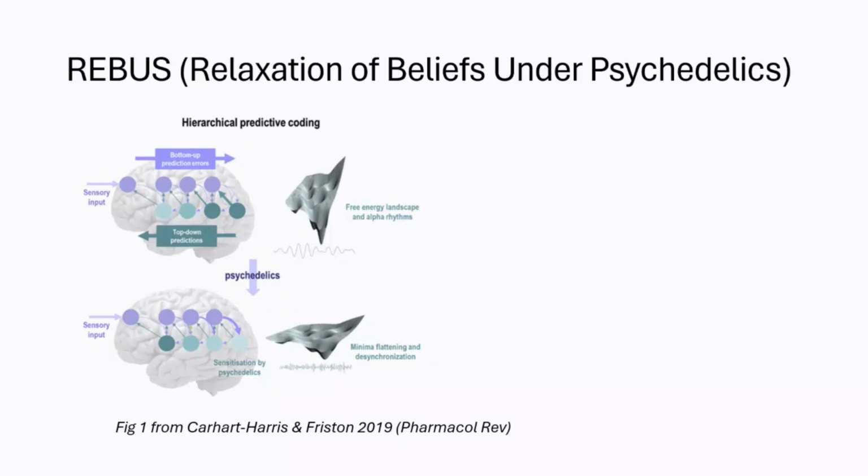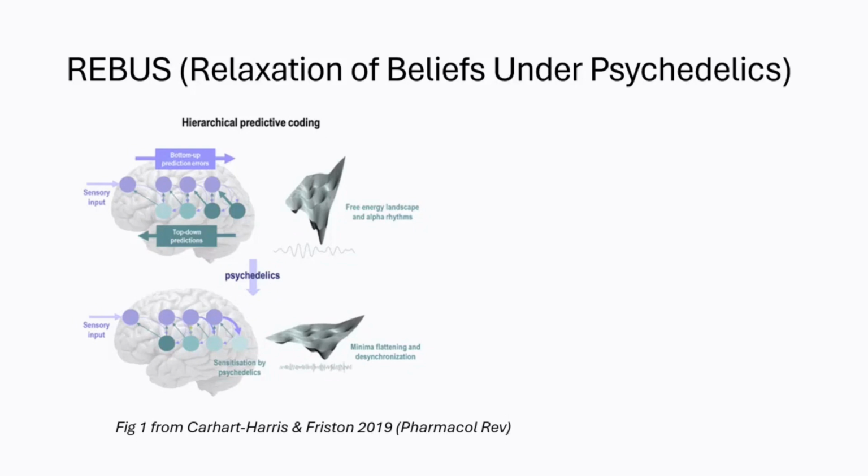And what this suggests is that these predictions are shut off by a psychedelic. So over here at the top, you might imagine sensory input comes in, and we get these bottom-up prediction errors, and at the same time as they're moving up the hierarchy, we are getting top-down predictions. Now, under psychedelics, these top-down predictions kind of stop. So we have this unguided process of just sensory input being accumulated and going up the hierarchy with no control center.